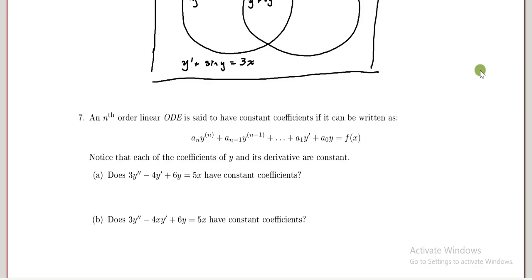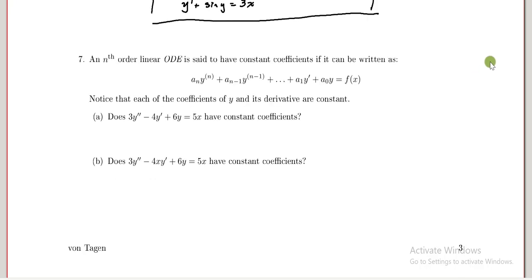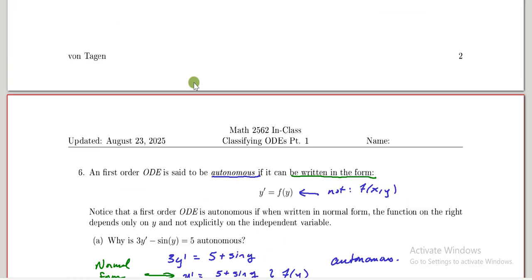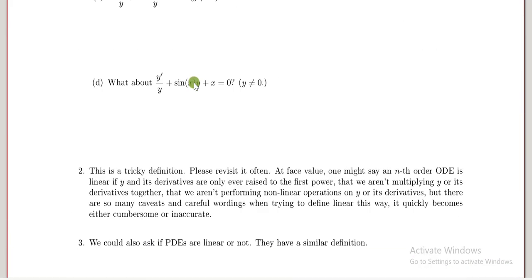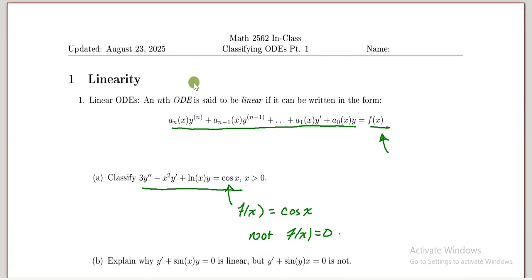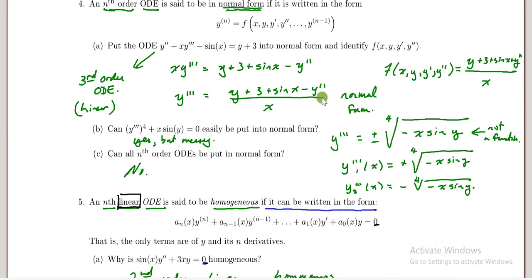Okay, the last definition we have should be pretty straightforward, but I just want to highlight it. We want to introduce this idea of whether or not an nth order linear ODE has constant coefficient functions or not. Remember that back when we were looking at our linear ODEs, we called these expressions here, here, here, and here our coefficient functions.